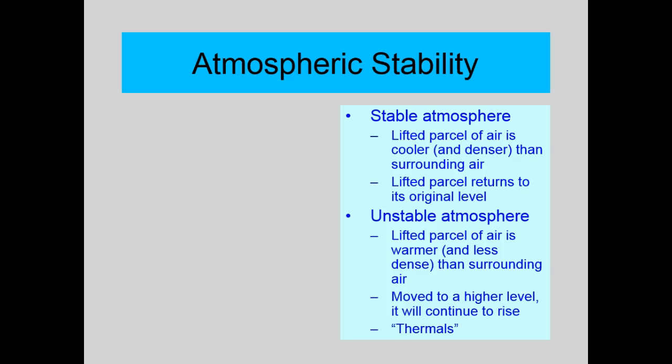So here's what a stable atmosphere is. Generally what happens, you have warmer air rising. So if this lifted parcel of air is cooler and denser than the surrounding air, then it wants to go down and the warmer air go up. If that's happening, that's a very stable situation.